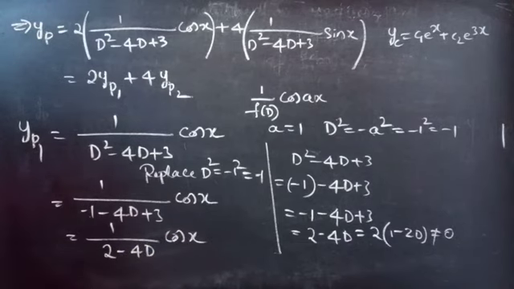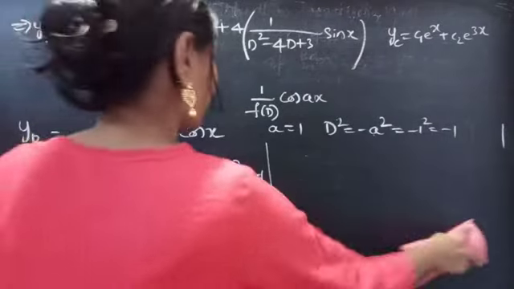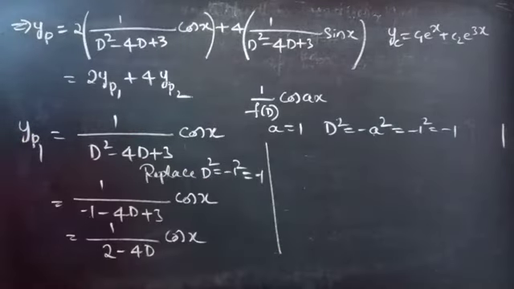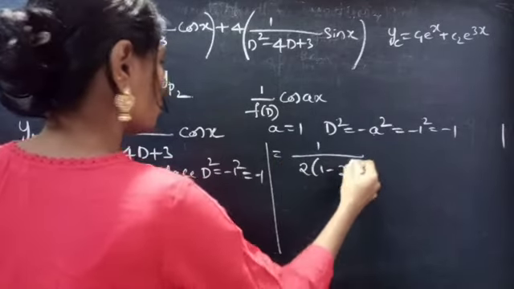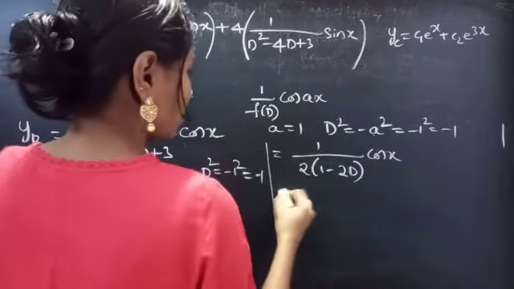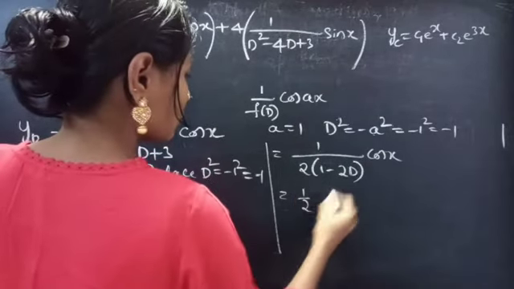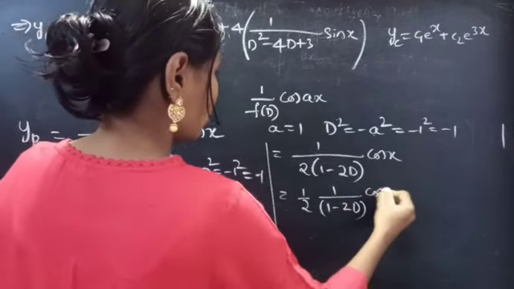Now we can take 2 common from the two terms of denominator. Then we'll get 1 by 2 into 1 minus 2d into cos x. Again split this as 1 by 2 into 1 by 1 minus 2d into cos x.